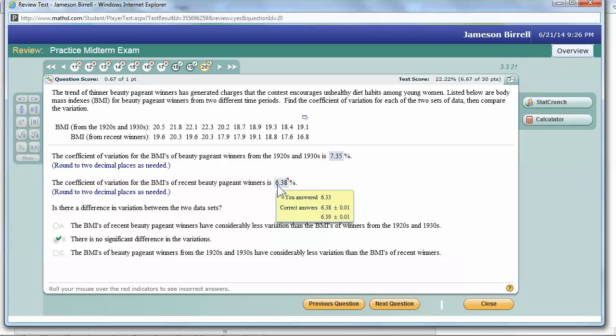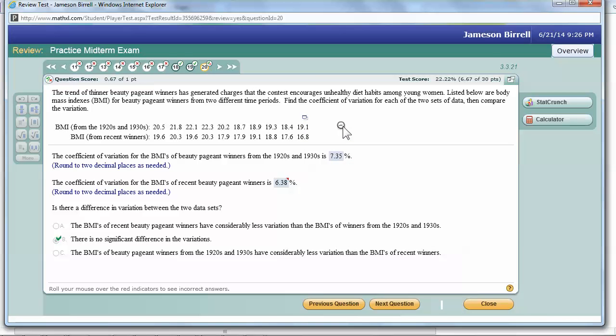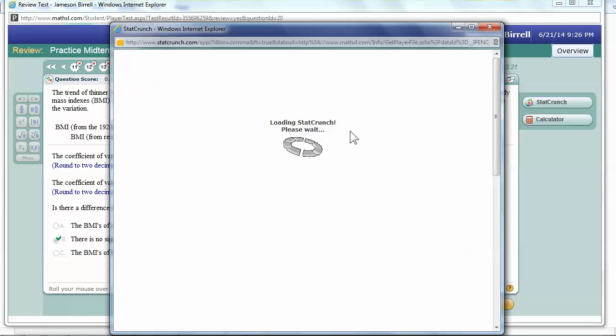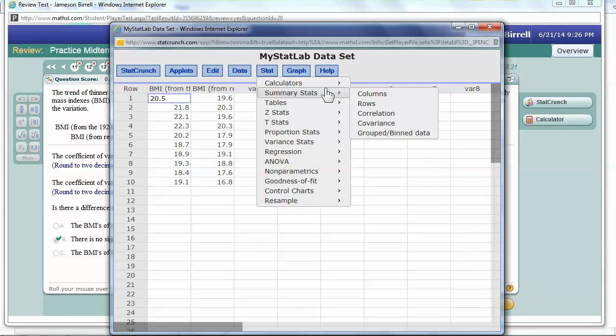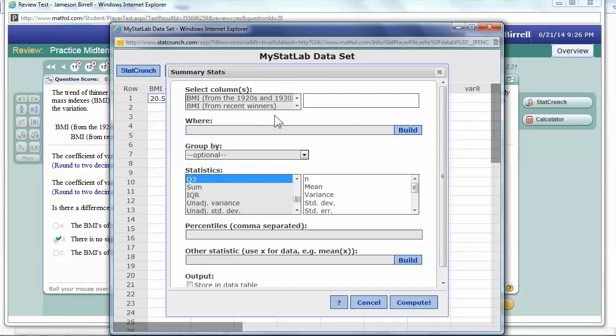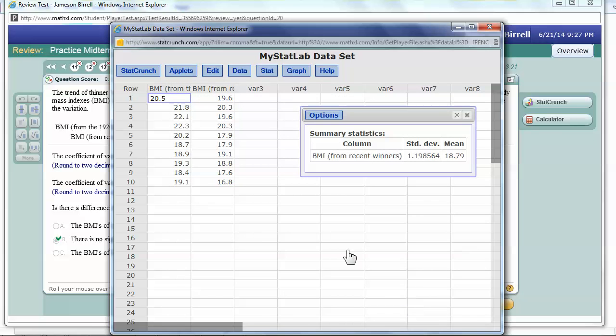Wow, that shouldn't have been. Thought I pulled those numbers right off the page. So stats, summary stats, columns, and since I'm only looking at the second one, I'll just take the more recent winners. It wasn't a big enough mistake to make me change my conceptual answer at the end there, my final conclusion there, but I wanted the standard deviation divided by the mean, so I took those two numbers.